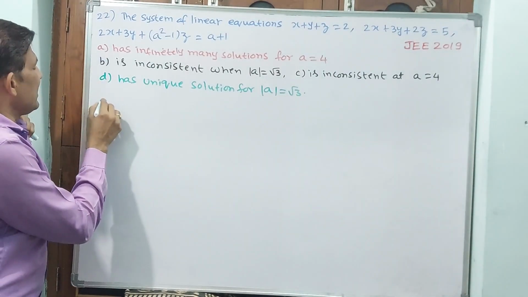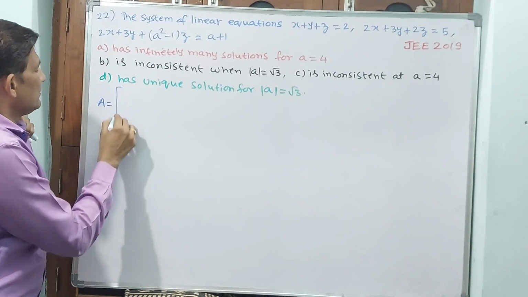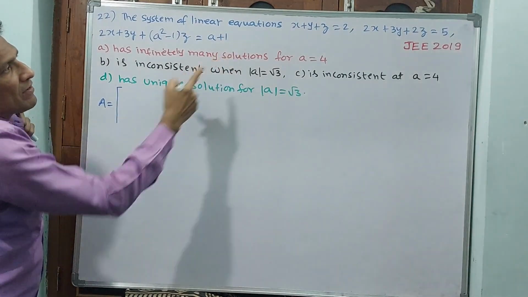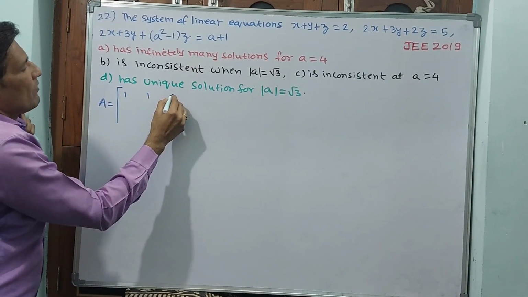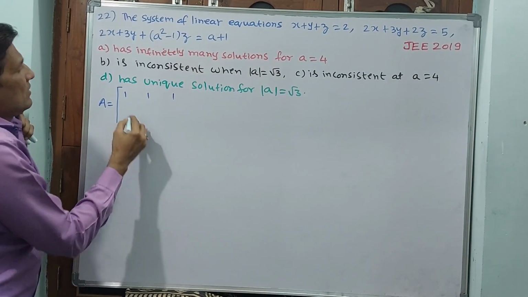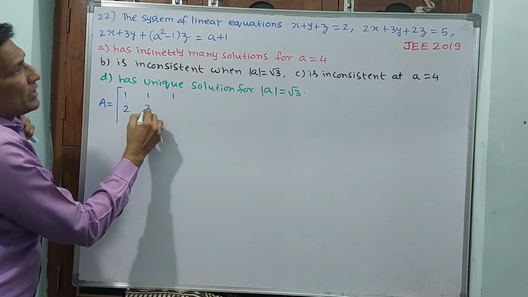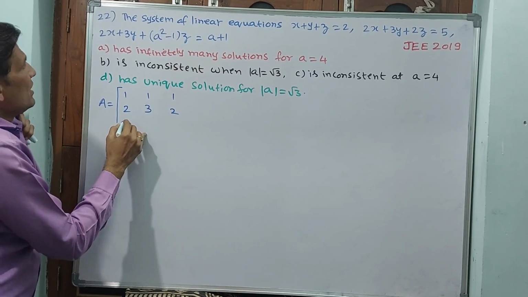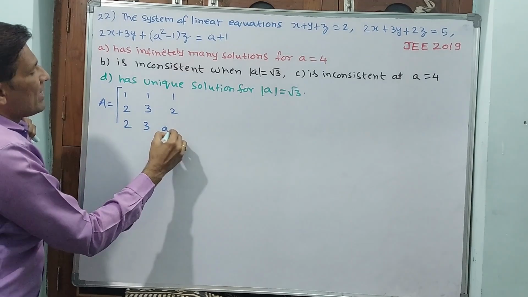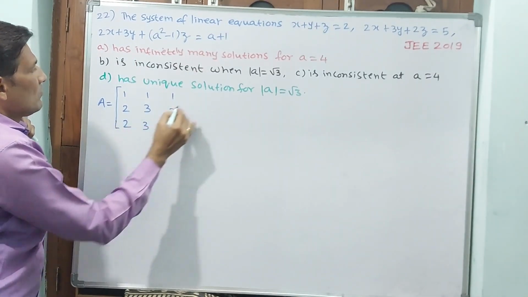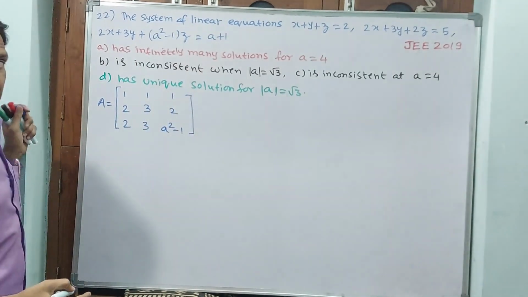Okay, now matrix A first I will write. Matrix A: 1 1 1, 2 3 2, but here 2 3 a square minus 1. Okay, let us find first determinant.